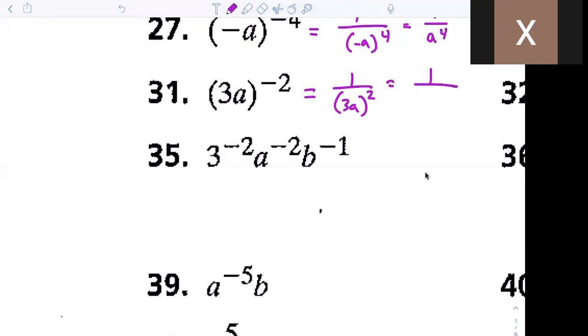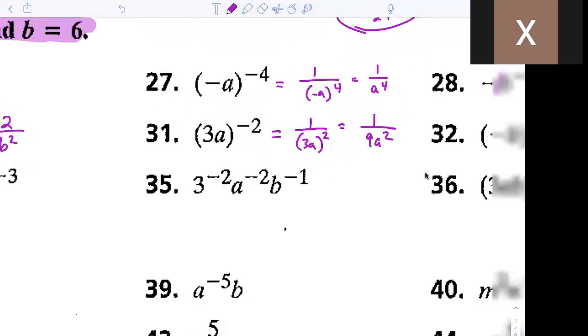I didn't say what's 3 times 2. 9. How did you know that? 3 squared means 3 times 3. So it's 9a squared. All right, is everybody with me on that?